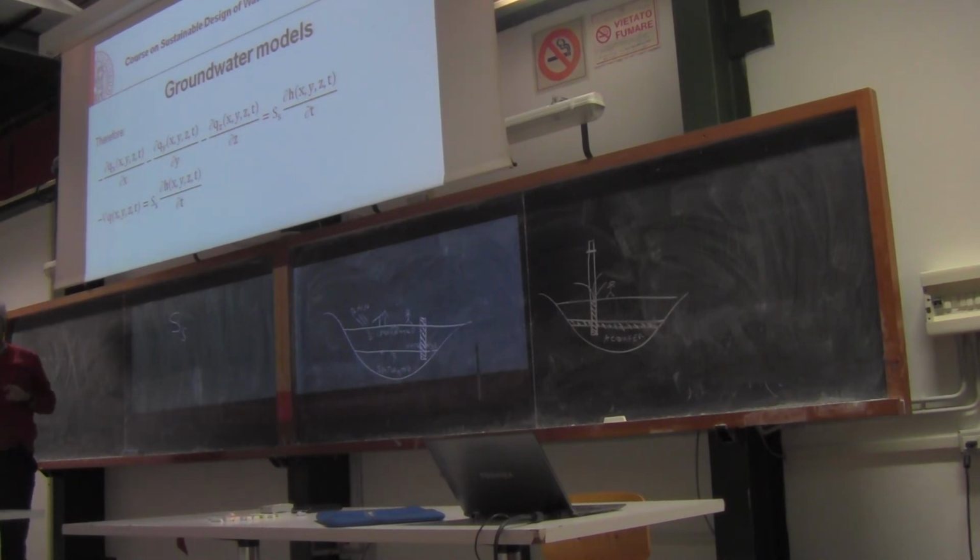If we identify a vector that describes the water flow per unit area, and we indicate it with q, whose components along the three directions are qx, qy, and qz, we can write the divergence of it.